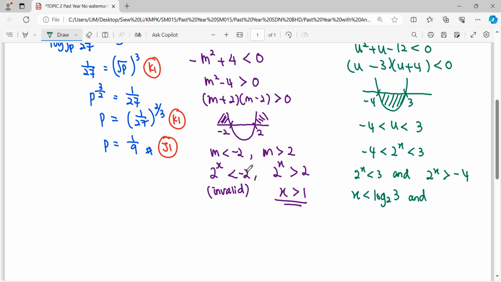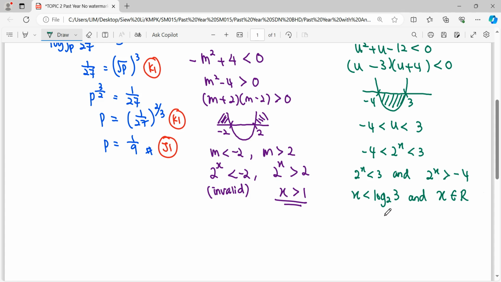It can't get a negative number. It can't get less than negative 4. So this inequality is invalid. But we come to this stage: 2 to the power of 0, 2 to the power of a positive number, 2 to the power of a negative number, which becomes a fraction. So of course it will be greater than negative 4. Which means x actually can be any real number. It can fulfill the inequality where 2^x will be greater than negative 4.